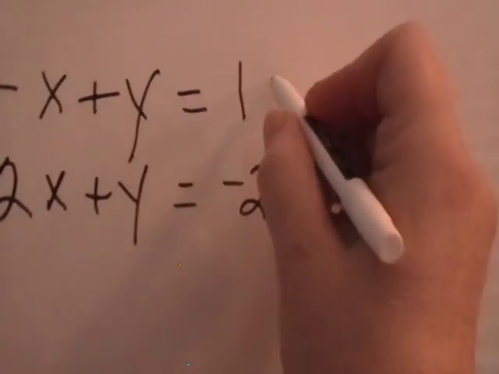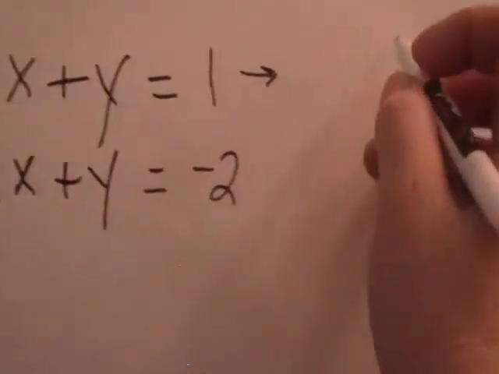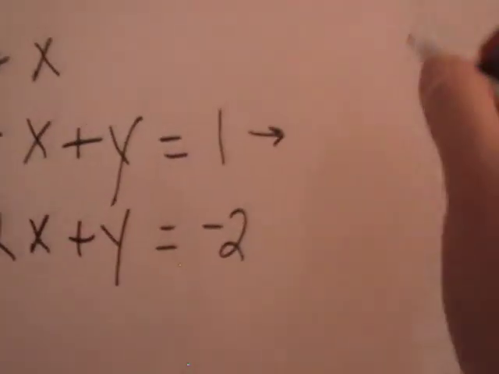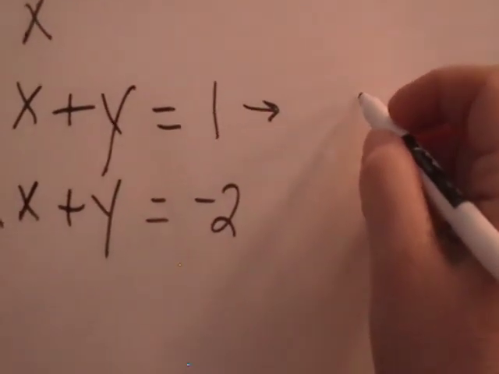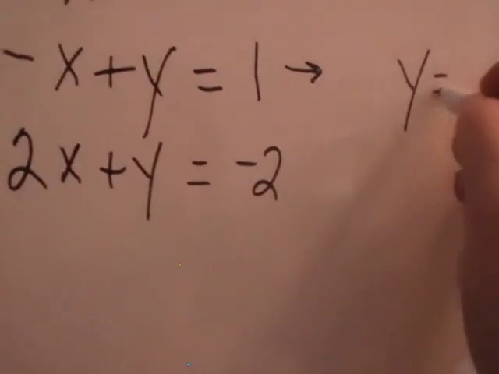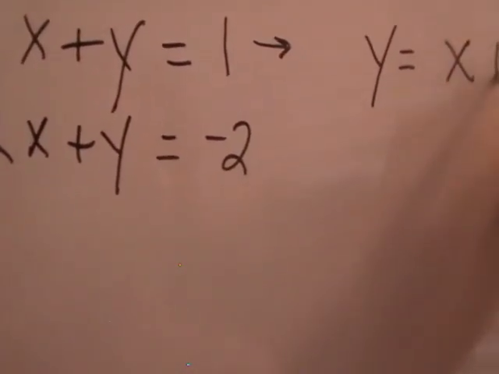So let's change this one. We're going to move the x over so that we have on the other side y, or we will have y equals x plus 1.